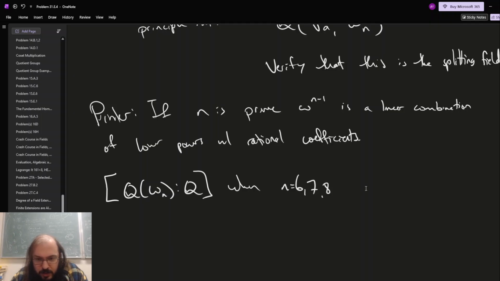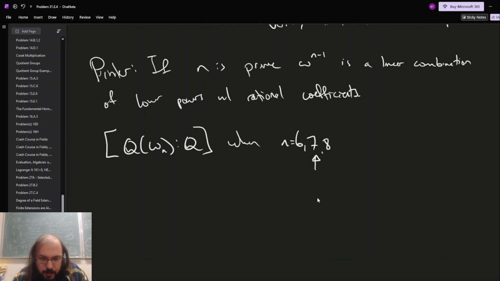The simplest thing to do is to just try to collect all of these roots of unity and then multiply them out for yourself. I mean, of course, one of them here is prime, so we know what's going on here. But for 6 and 8, what I recommend doing, so this is a little bit of a hint, is to go look up, if you don't already know, de Moivre's formula.